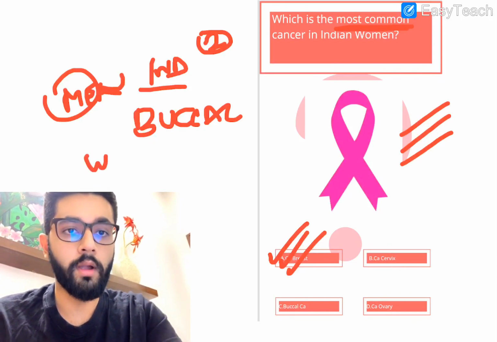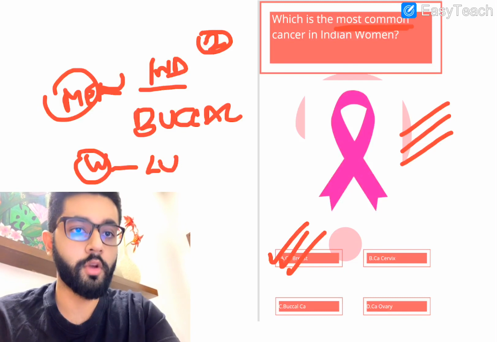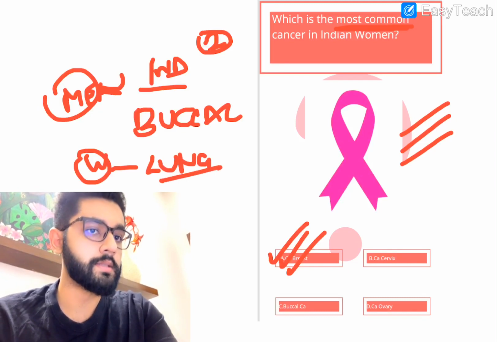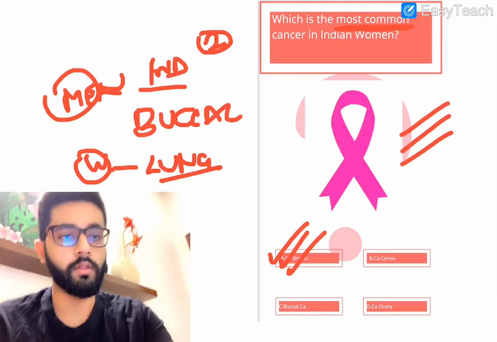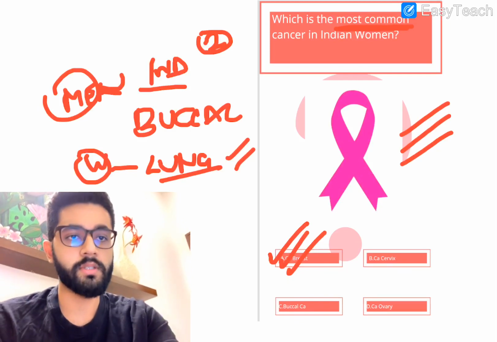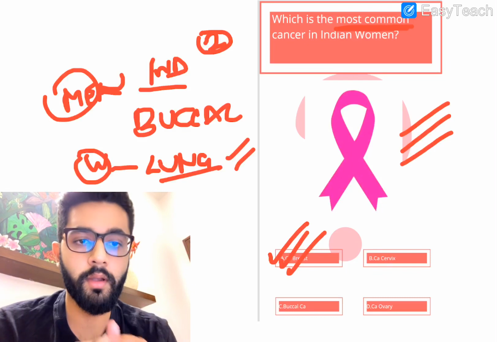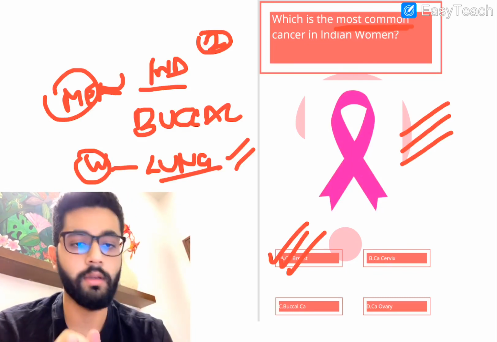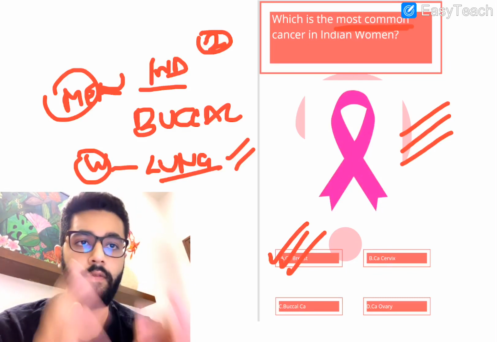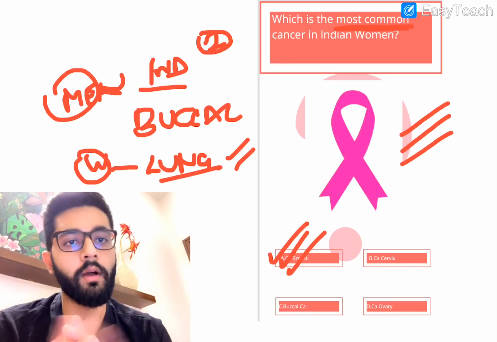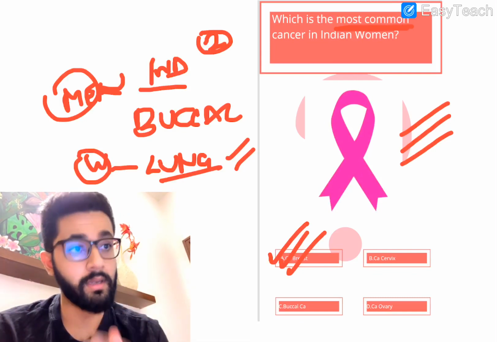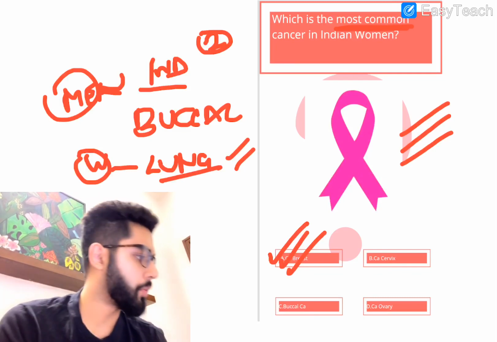And in the world, the most common cancer among men is lung cancer, right? Overall in the world, most common is lung cancer. So in Indian women, breast cancer. In all over the world, breast cancer for females, so breast in females. And in men, it is lung world over, but in India, it's buccal CA, and we all know why, right?